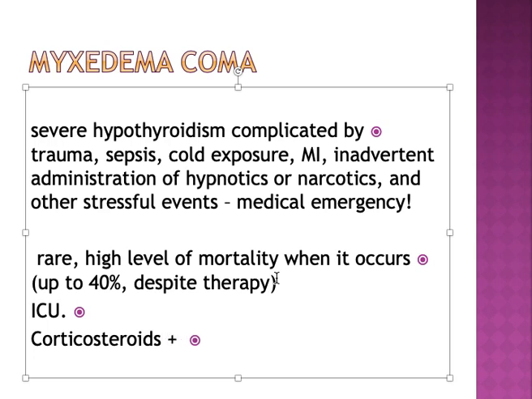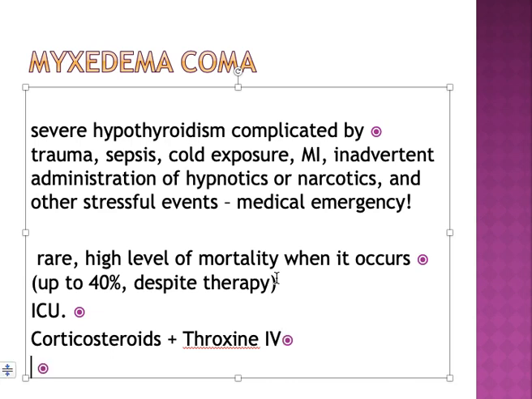Plus, what should be given? It's a hypo condition. We must give them thyroxine. Whenever it's an emergency, guys, thyroxine IV, corticosteroids IV. So simply thyroxine IV, corticosteroids IV, and the rest is all symptomatic treatment.